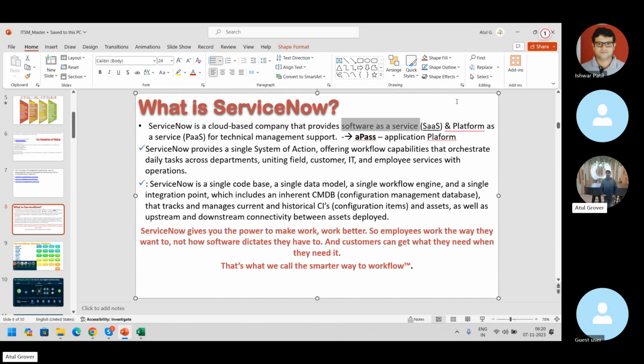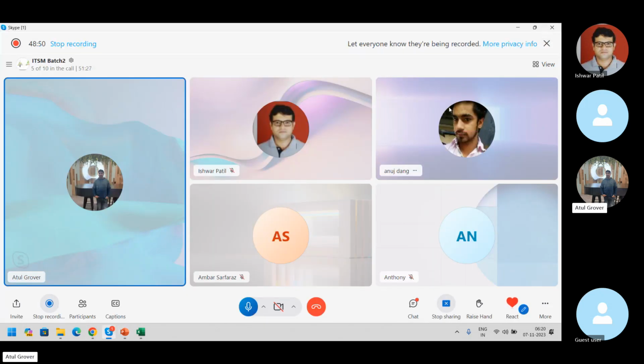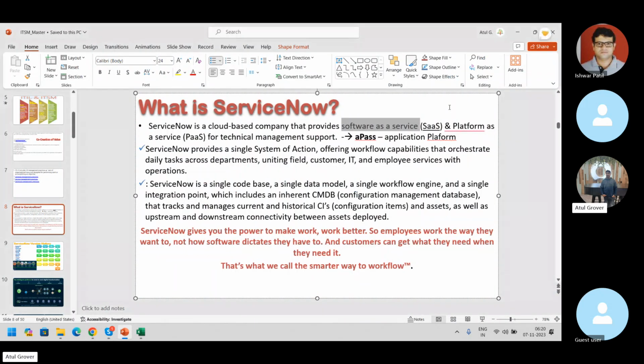But ServiceNow is an APaaS, application platform as a service. They're not saying that they're selling it as software. No, they're saying it is an application platform. You use it as it is, or you can build your own application on top of that. So it is called platform as a service.